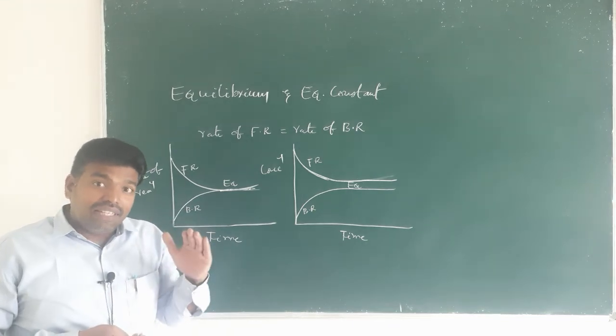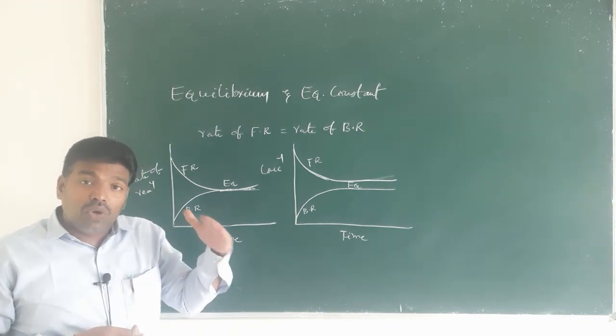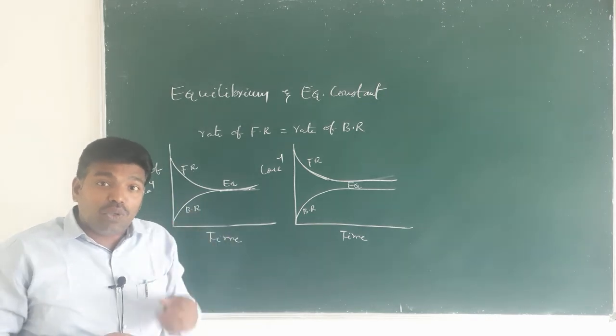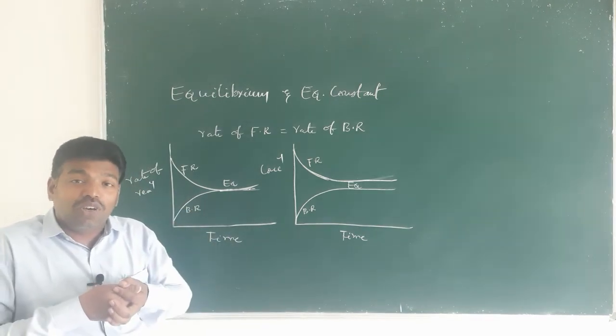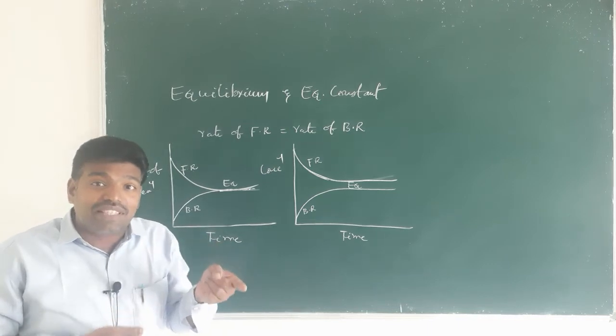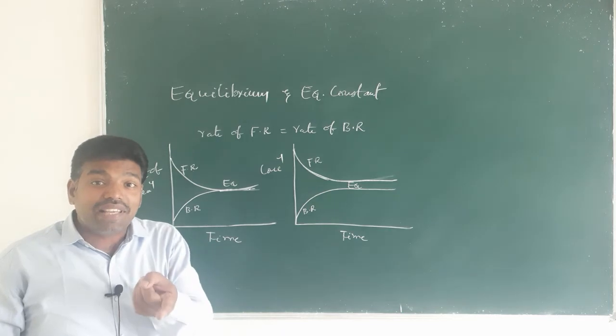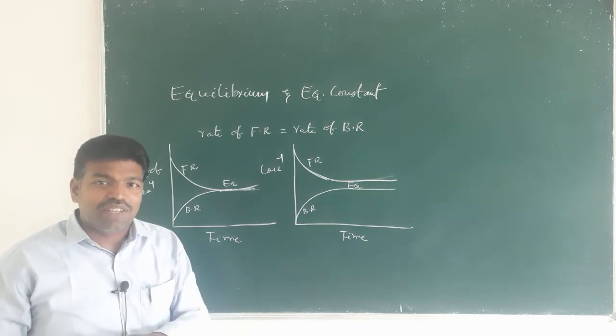Though the equilibrium is established, the two groups are still pulling. So equilibrium is dynamic in nature, right?